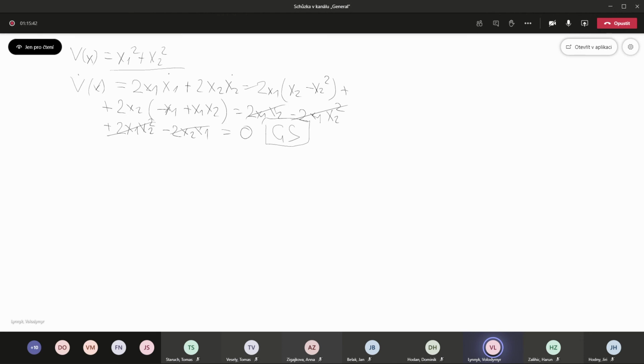Now I only repeat some information about this: some form V of x equal to x transpose Q x, and this quadratic form is positive definite if and only if all determinants are positive. The first determinant equal to q11.